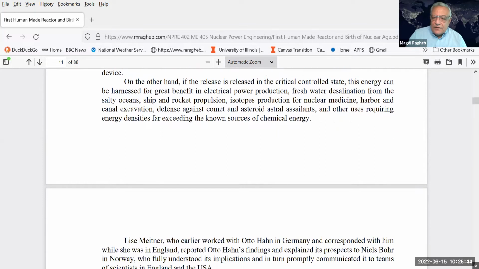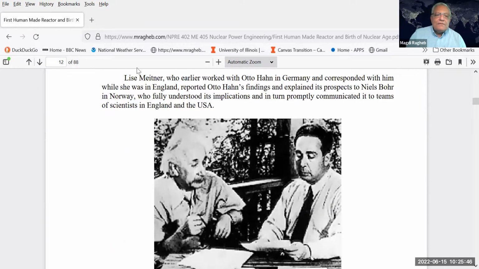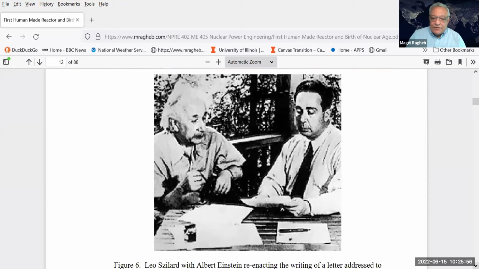And the idea came up immediately that the discovery of fission in Germany can be used for the development of some kind of a very important weapon. And they worried with the winds of war in Europe that Germany would use it for producing a weapon against the allies, the other Western states.